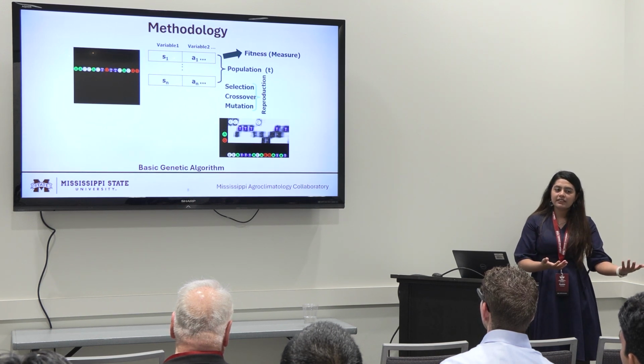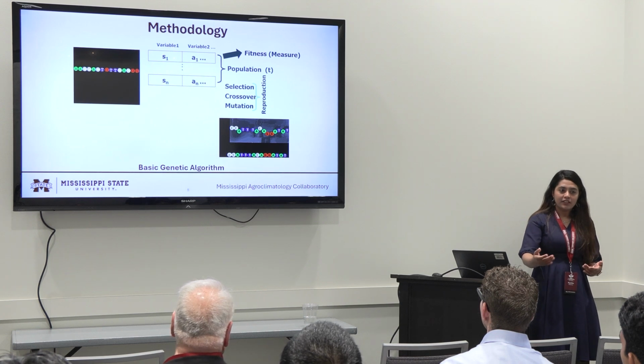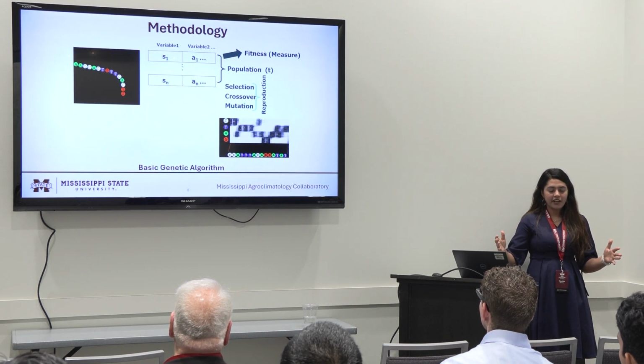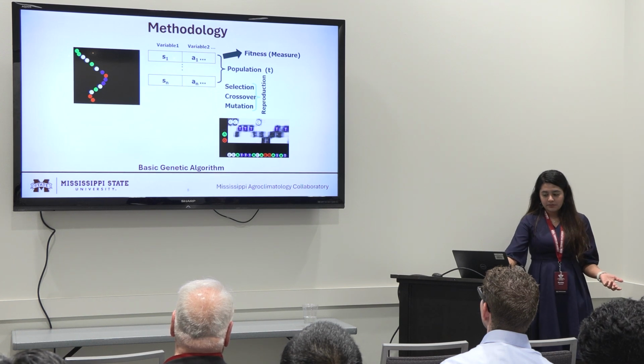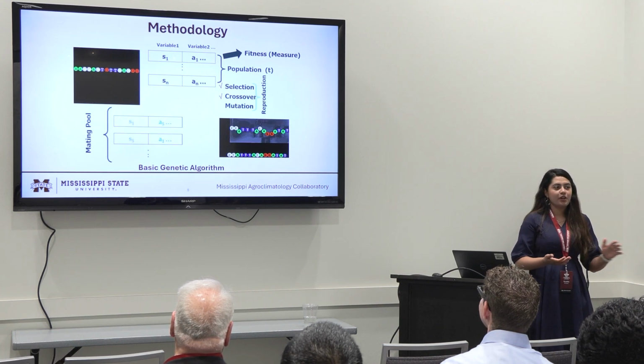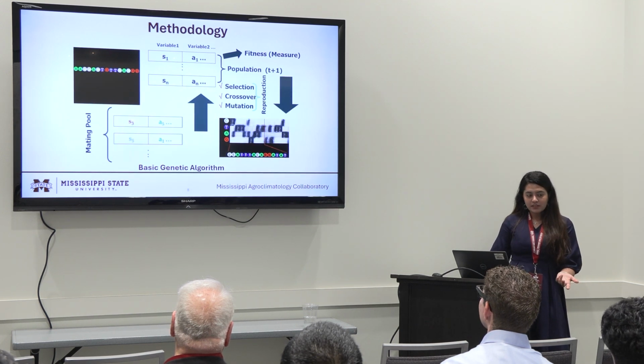Then those are tested in farmers' fields, in commercial fields, and only then released. So this process takes around 10 to 15 years. With an algorithm, this can be done in computers within a year or maybe within a month. So this is the basic genetic algorithm.